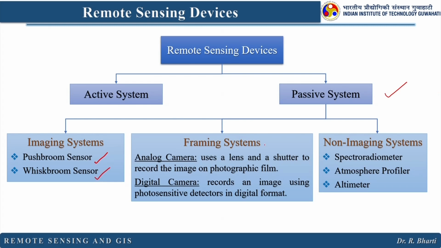Then in the framing system, analog cameras and digital cameras are used. But in case of non-imaging system, we have spectroradiometer, atmospheric profiler, altimeter. What exactly we mean by this non-imaging system, I will explain.